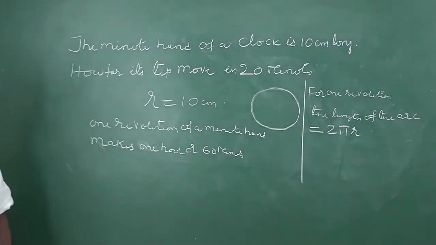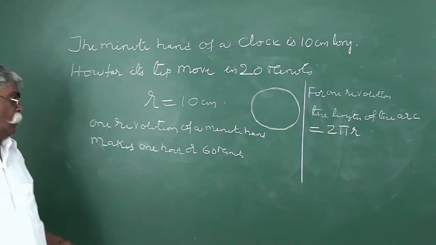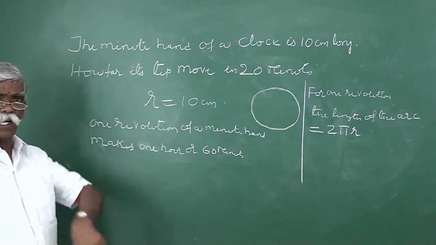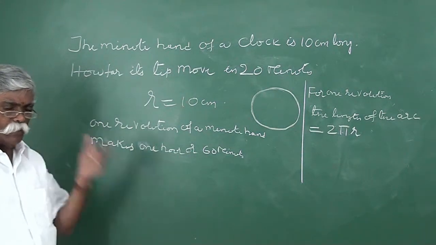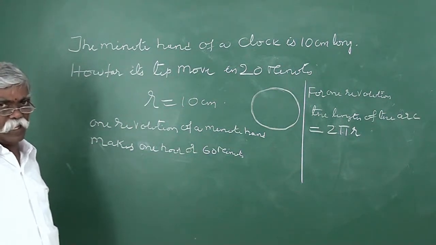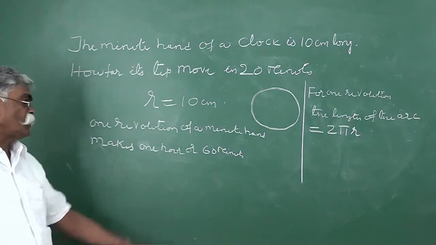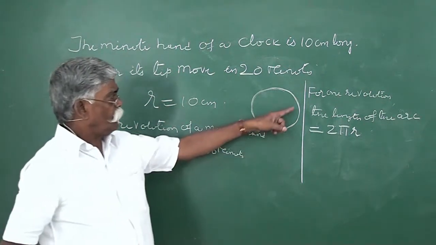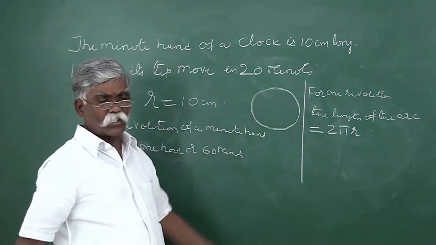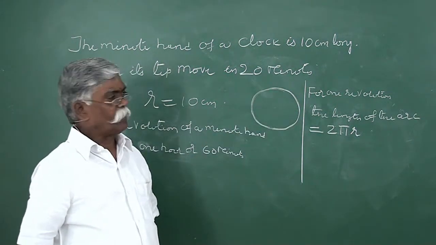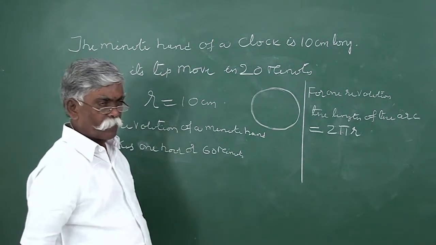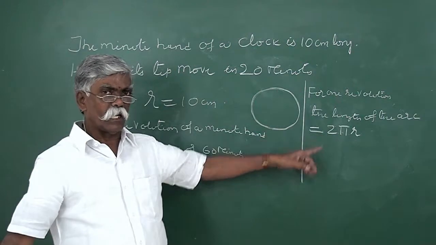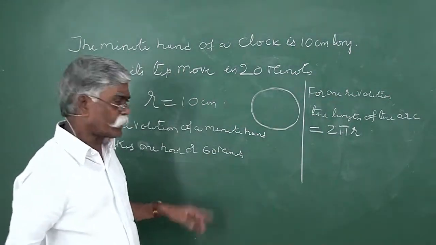So, if the minute hand makes one complete revolution, it takes 1 hour, that means it completes 60 minutes. And to make one complete revolution, it travels a distance of 2 pi r, therefore the length of the arc becomes 2 pi r, and to travel this 2 pi r centimeters, it takes 60 minutes.